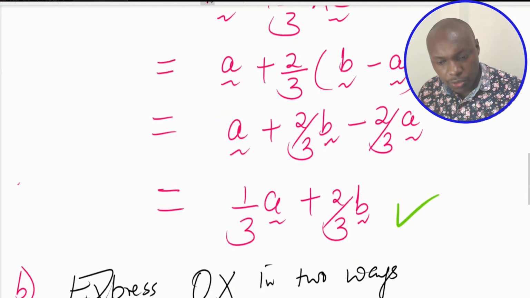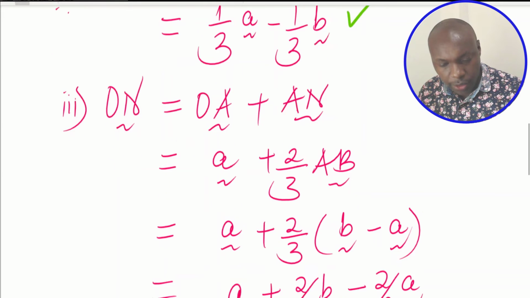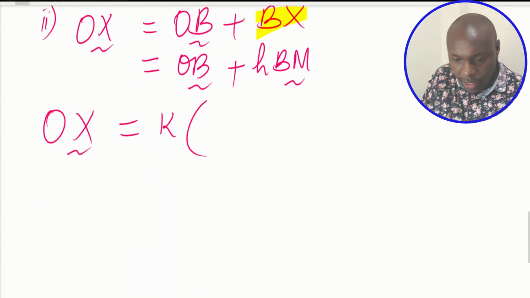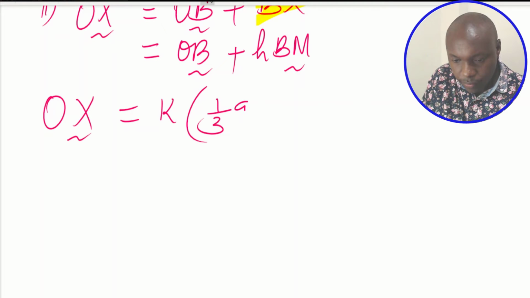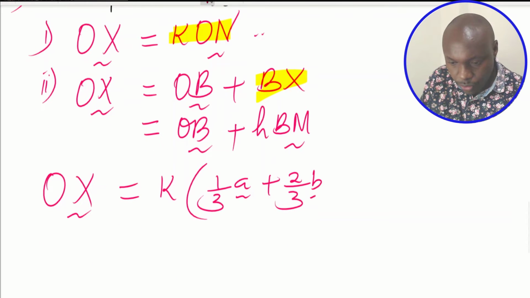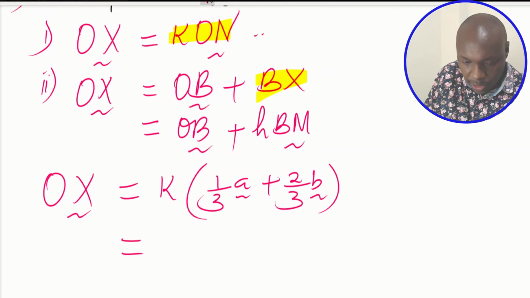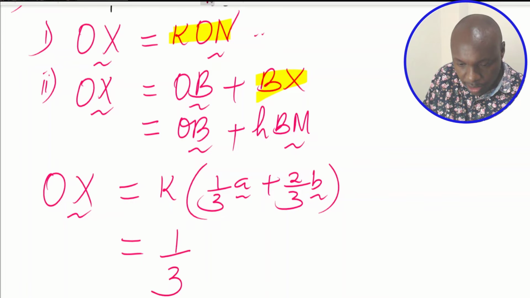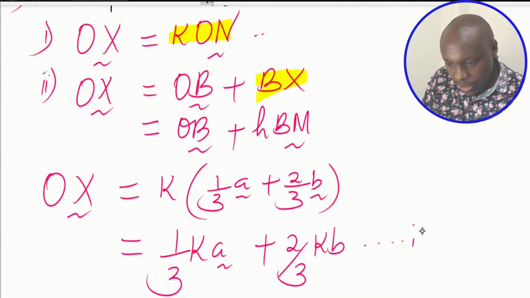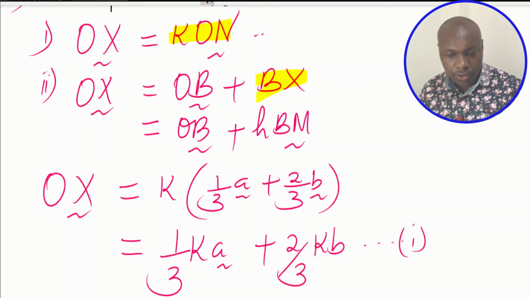This is easy because we already got ON. Vector ON is a third A plus 2/3 B. So opening this, you get a third Ka plus 2/3 Kb. So that gives the first expression of OX.